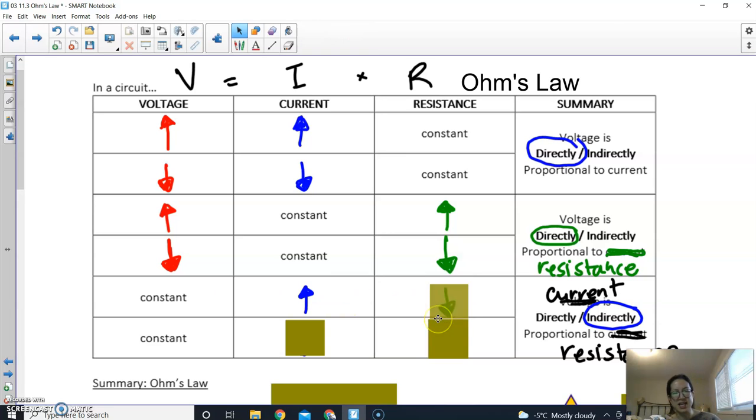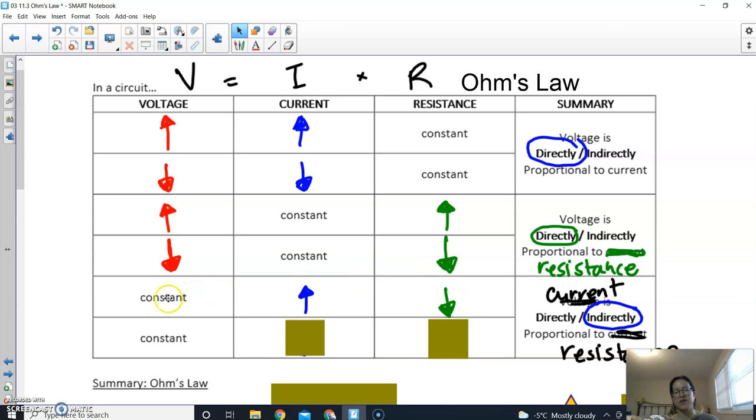The interesting thing is that in order for the current to increase while having the voltage constant, it must mean that there is an inverse or indirect relationship. It must mean that the resistance is lowered.